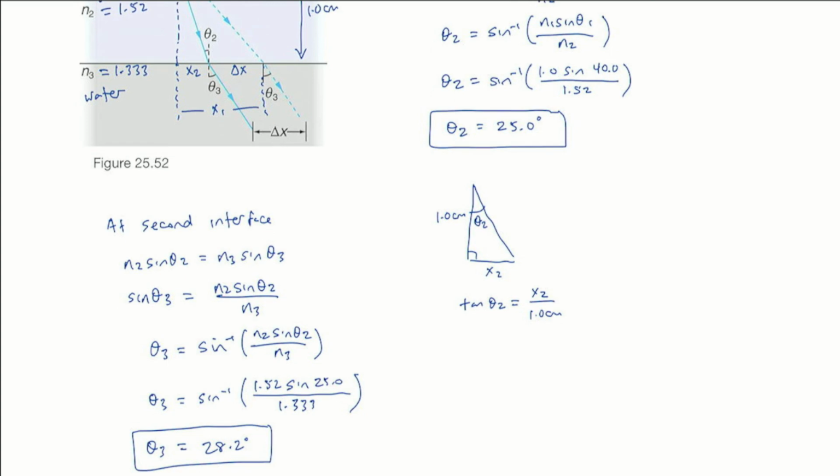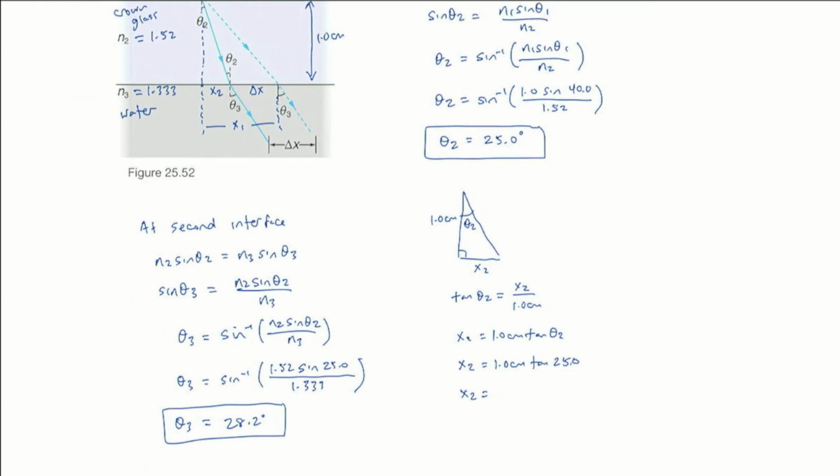So x2 is 1.0 centimeters times the tangent of theta 2. x2 is 1.0 centimeters times the tan of 25 degrees, and x2 is 0.467 centimeters. Okay, there's our x2.